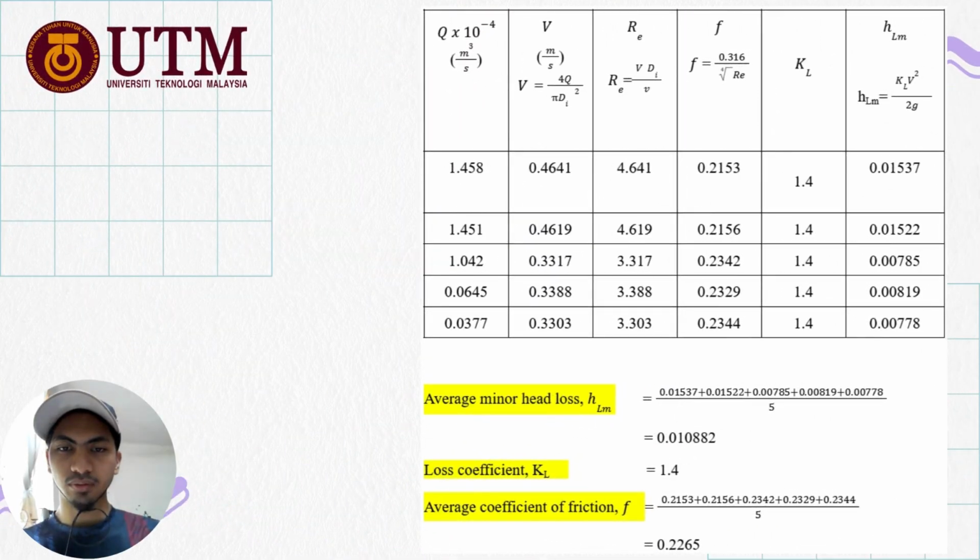And lastly, here is the calculation for the 2 times 90-degree bend. The formula is also the same, and the velocity for this pipe section is just 1 because it has the same diameter. The velocity at inlet and outlet is the same.